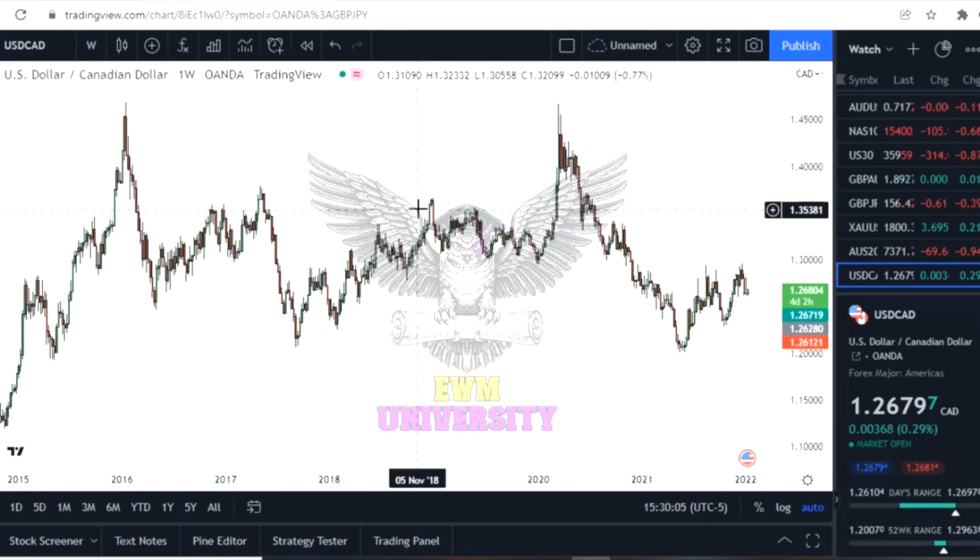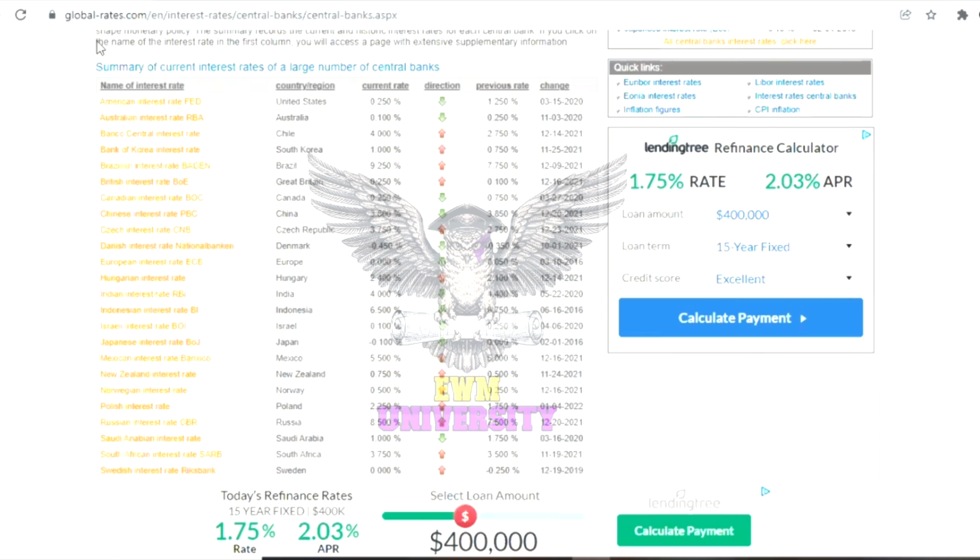All right, I'm going to give you guys another example here with the Great British Pound and Japanese yen, GBP JPY. We're going to find the Bank of England, which is at a 0.25 current interest rate, and the Bank of Japan, which is at a negative 0.1 interest rate, giving us an interest rate differential of 0.15 in favor of the Great British Pound.